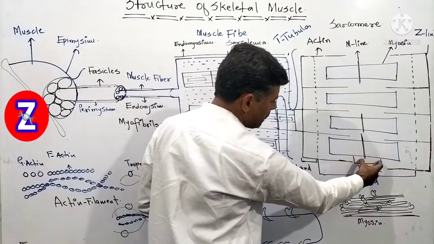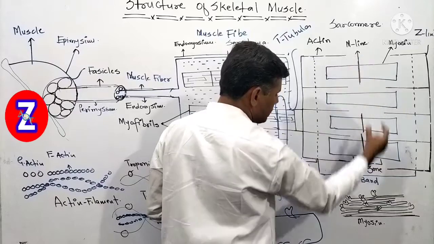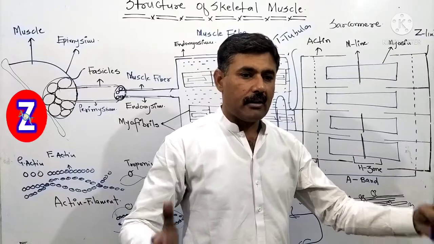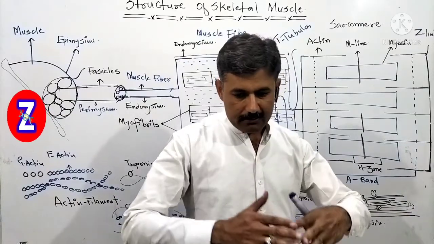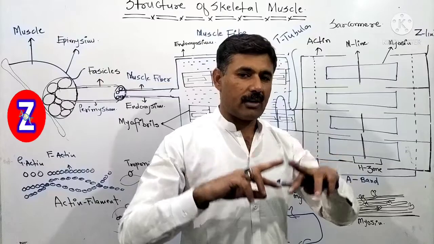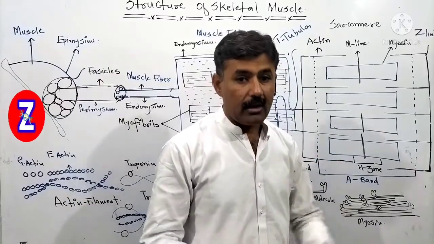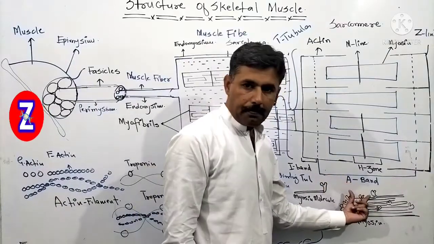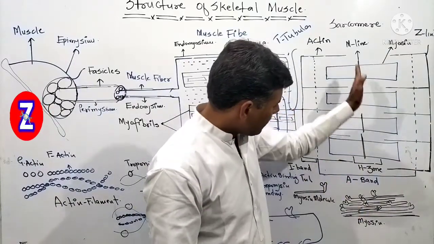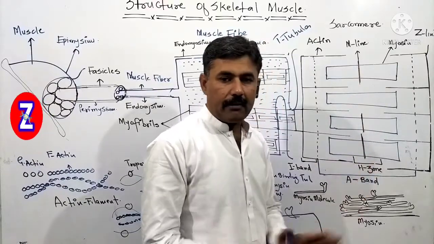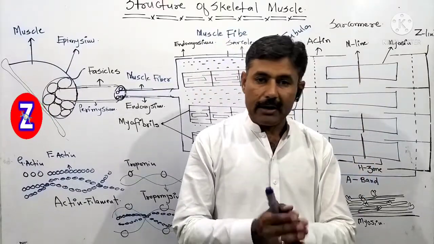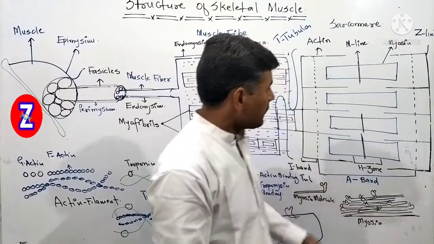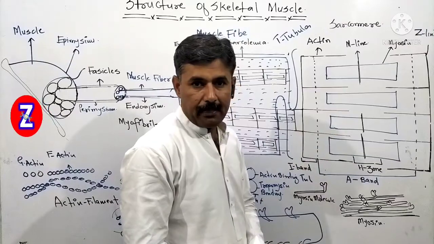The region of the sarcomere where only myosin is present is the H-zone, whereas the A-band has the H-zone at the center, and on both sides actin and myosin overlap. At the center of the myosin filament, or H-zone, there is a line called the M line.